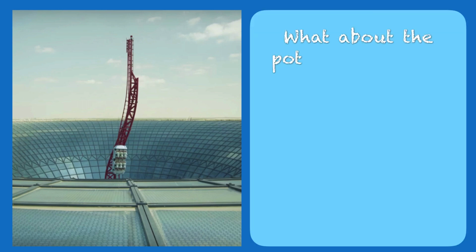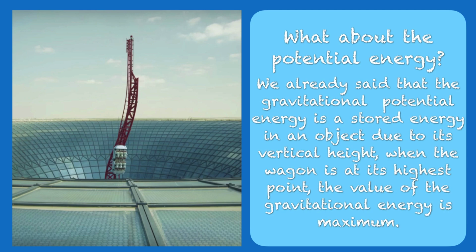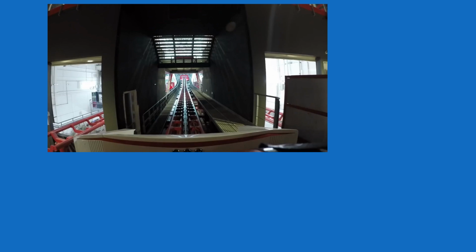Now, what about the potential energy? We already said that the gravitational potential energy is a stored energy in an object due to its vertical height. When the wagon is at its highest point, the value of the gravitational energy is maximum.